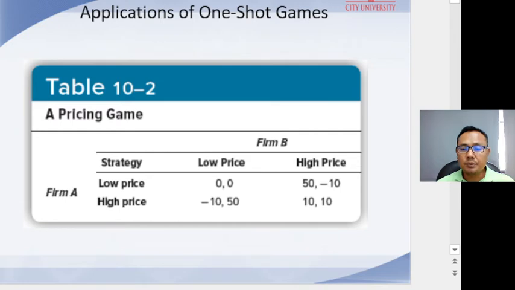However, suppose the managers did secretly meet and agree to charge a high price. Would they have an incentive to live up to their promises? Consider firm A's point of view. If it cheated on the collusion agreement by lowering its price, it would increase its profit from 10 to 50.